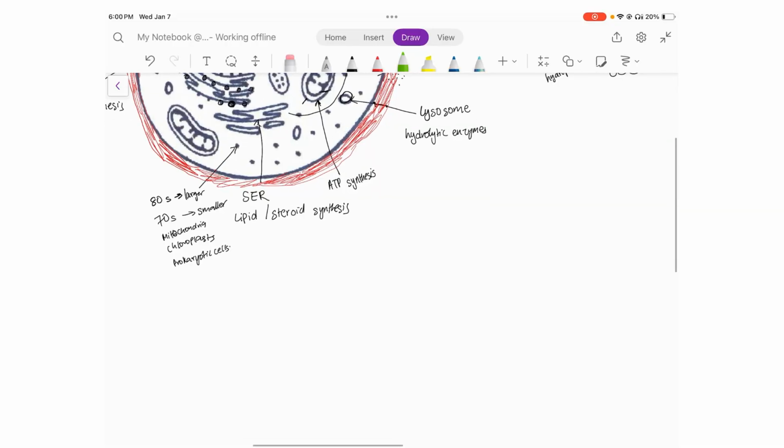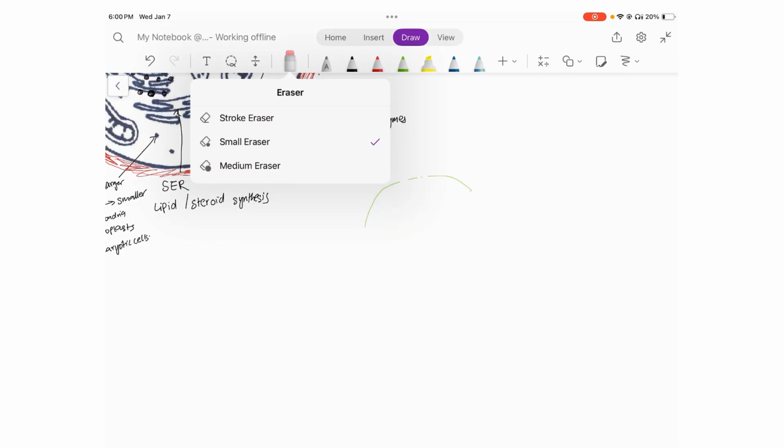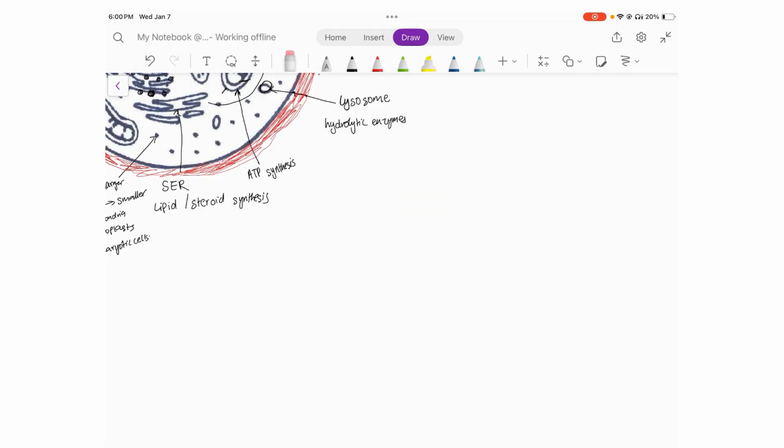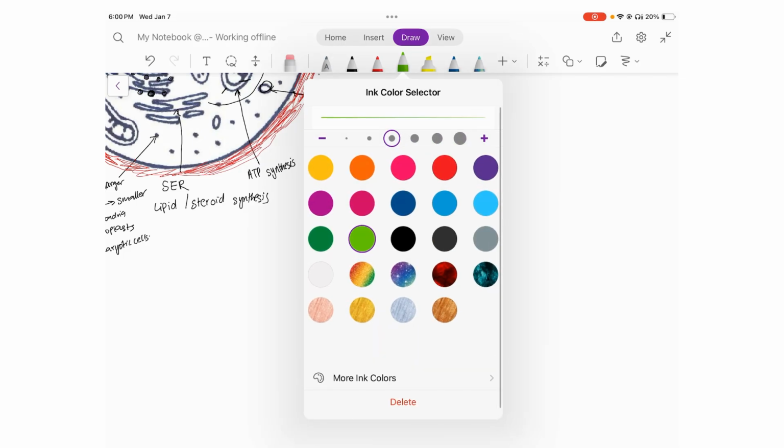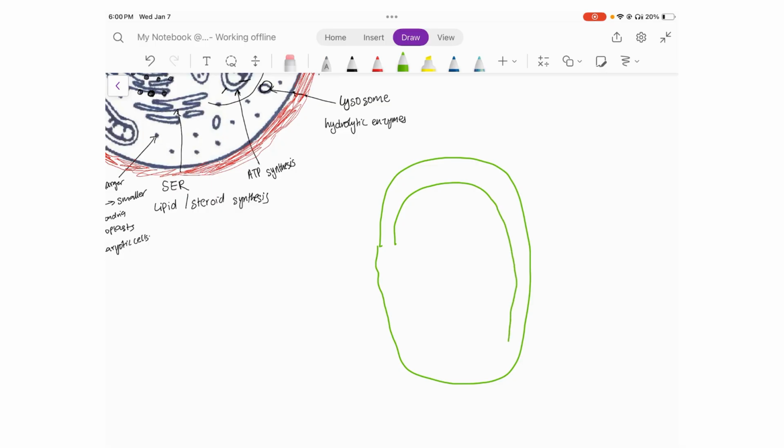Okay, let's draw a separate plant cell. So imagine that this is a cytoplasm where all the organelles are in.